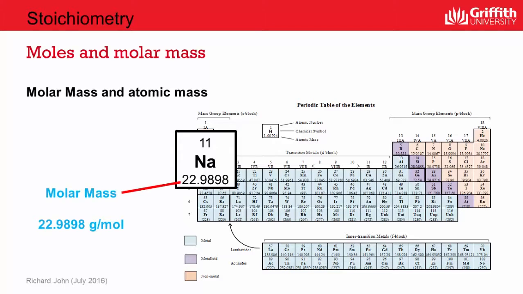Its molar mass is 22.9898 grams per mole. That's very convenient that we can just take these numbers directly from the periodic table and express them now in terms of molar mass. And that is the key to why the mole was defined as it was and why atomic mass units were defined as they were, both in terms of the carbon-12 isotope of carbon.